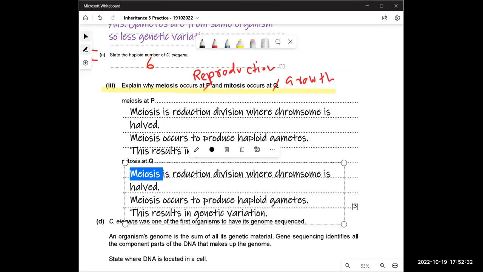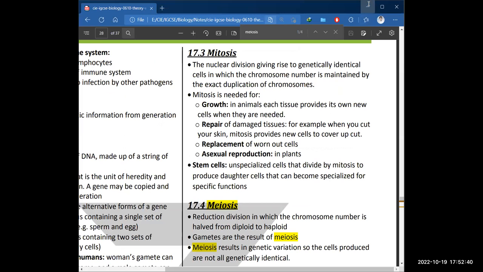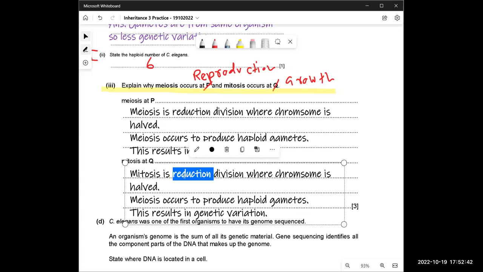Last thing you need to know is mitosis is nuclear division, where chromosome number is constant.